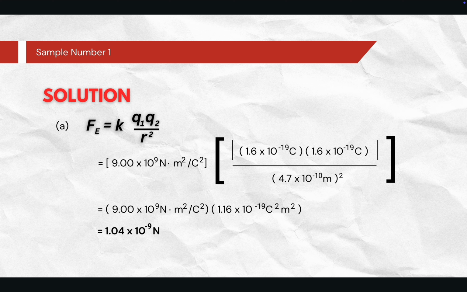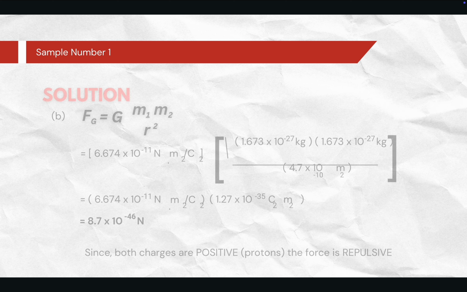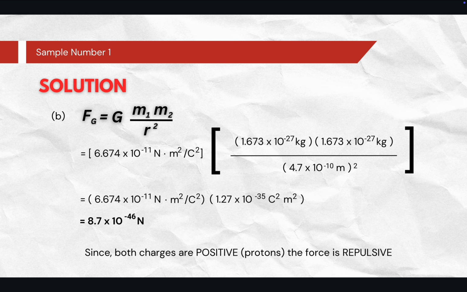And then, next is to multiply it to the Coulomb's constant, yung 9.00 times 10 raised to 9. Ang magiging answer niya is 1.04 times 10 raised to negative 9. Yan yung electric force.